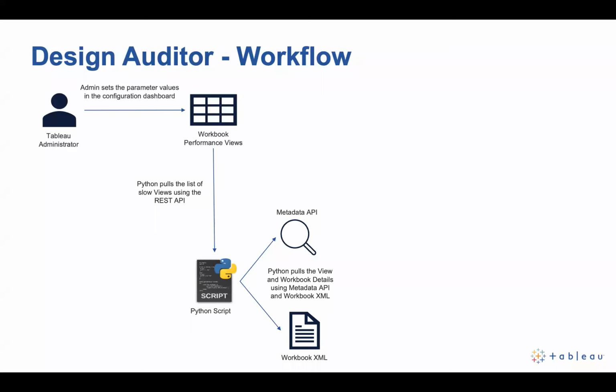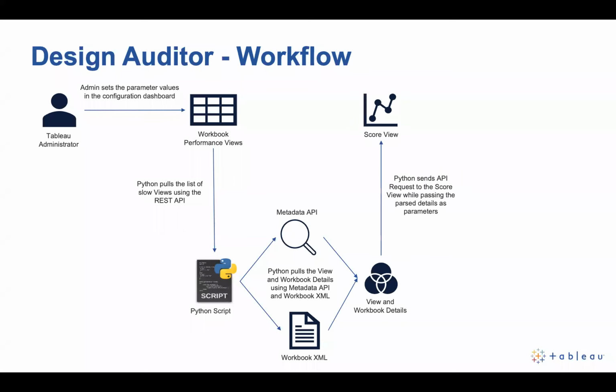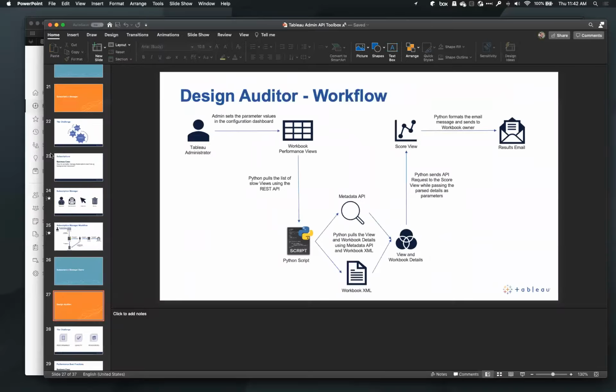We run our checks using the Metadata API and workbook XML. We then take our results found data object and send it back to the Tableau server. So we have a rules engine, scoring engine within Tableau server that gives us the final score of what we found. And finally, we combine all of that information into the results email that we see.